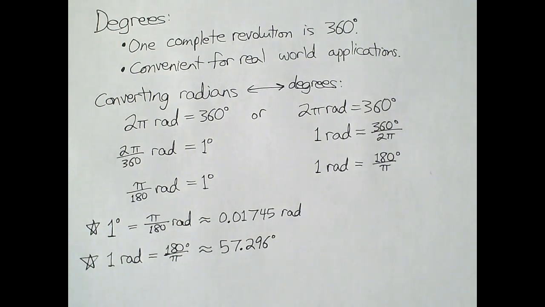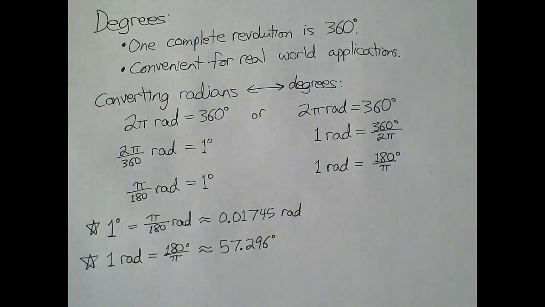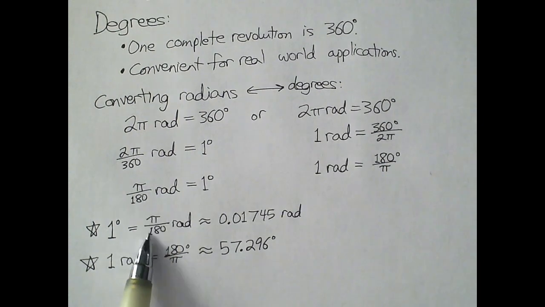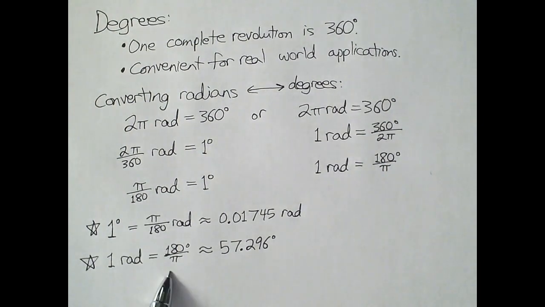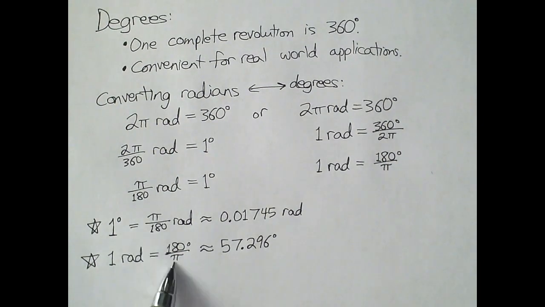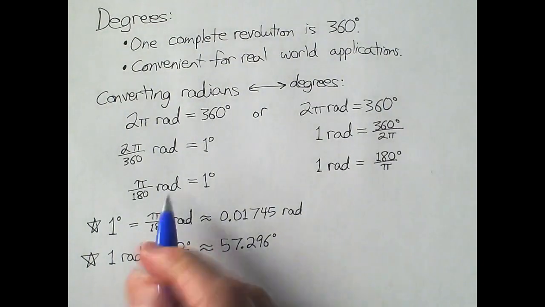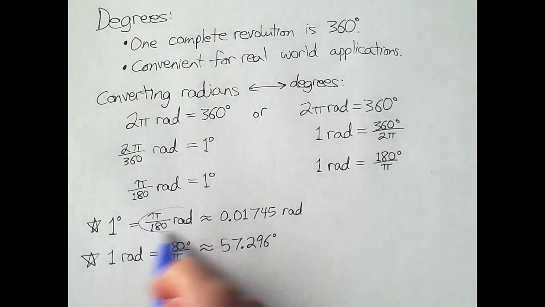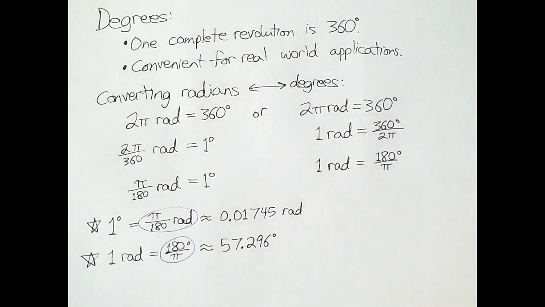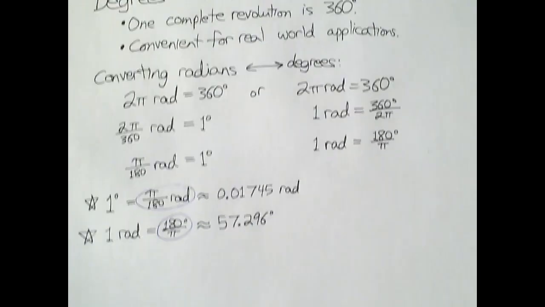Okay, so let me reiterate. You don't have to memorize these decimals, but you do need to know that we're working with pi over 180 and 180 over pi. Because pi over 180 and 180 over pi, those are really going to be what we use to convert back and forth.